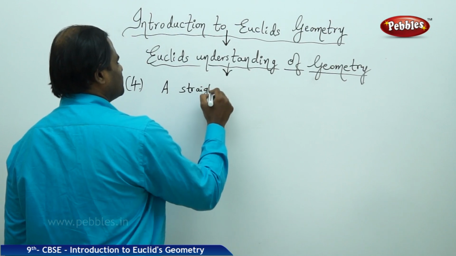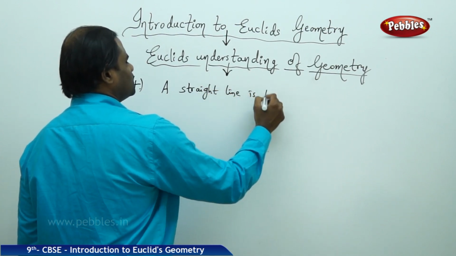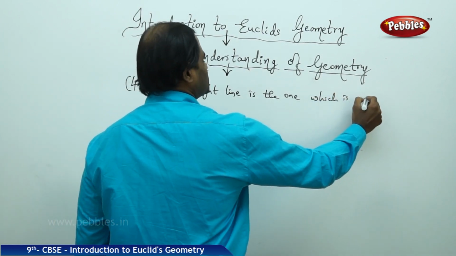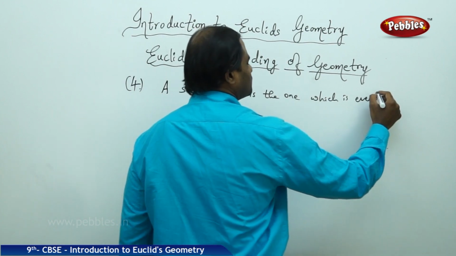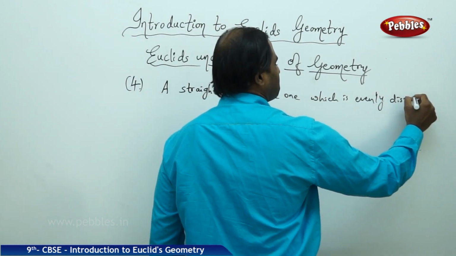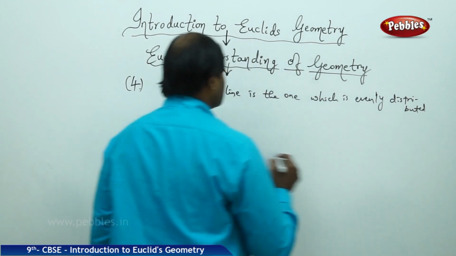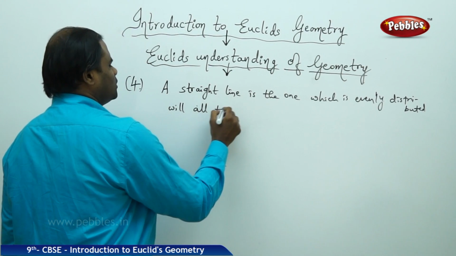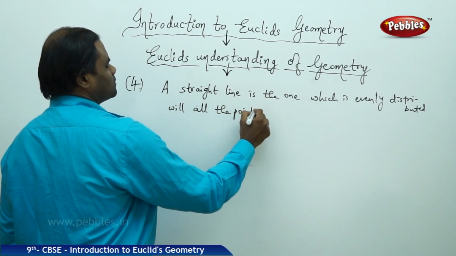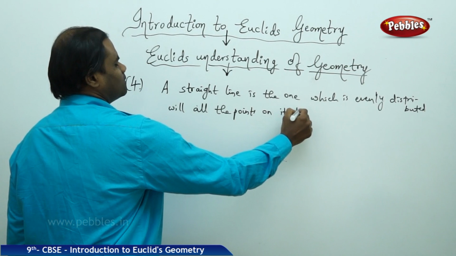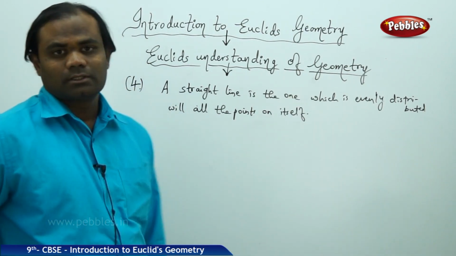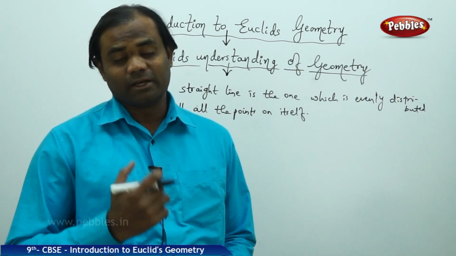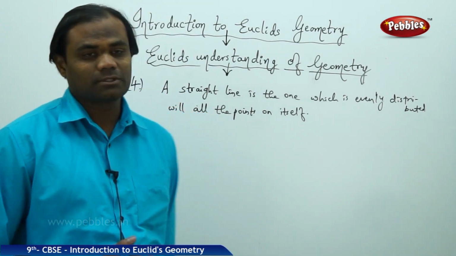A straight line is the one which is evenly distributed with all the points on itself. The line which we are learning for today was one of the greatest and most effortful inventions during those times.